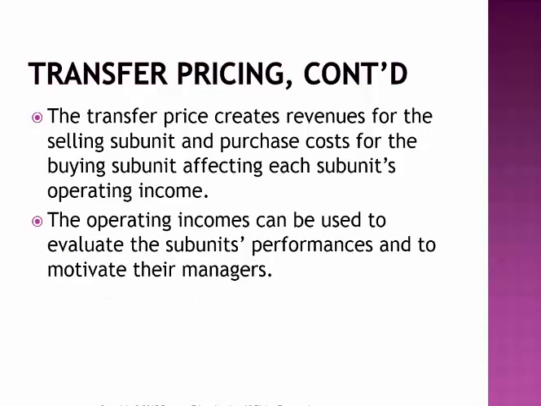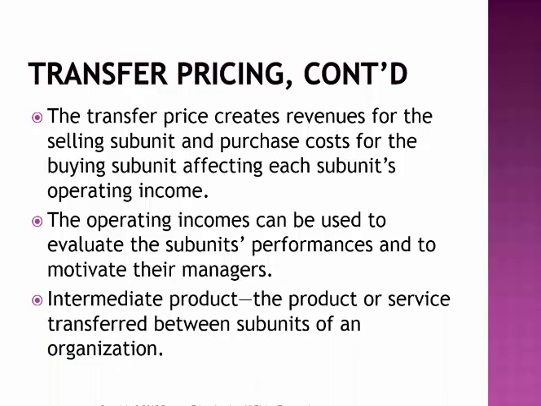The operating incomes can be used to evaluate the subunit's performances and to motivate their managers. Again, we want to keep everybody motivated. We want them working continuously for improvement, to be more efficient, be more cost effective, and do everything they can to improve the corporation as a whole, the bottom line.